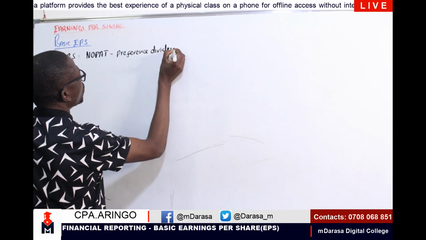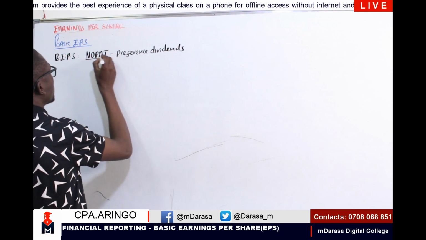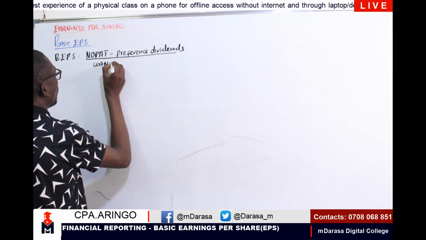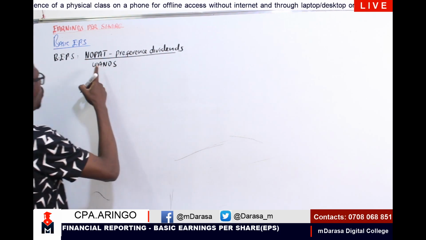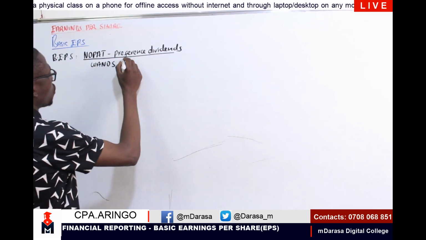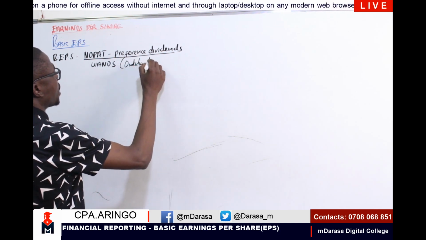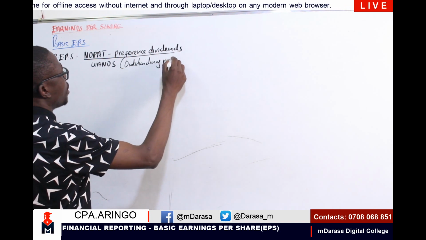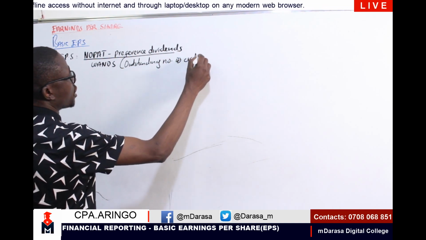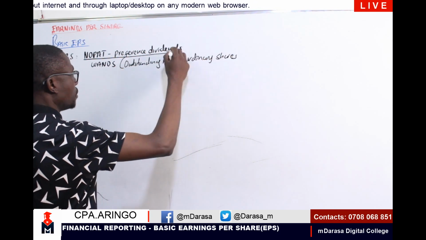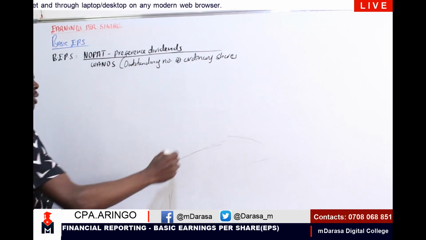And all this, my good students, you are going to divide by what? By the weighted average number of ordinary shares, WANOS. And recall, this is the outstanding number of ordinary shares.